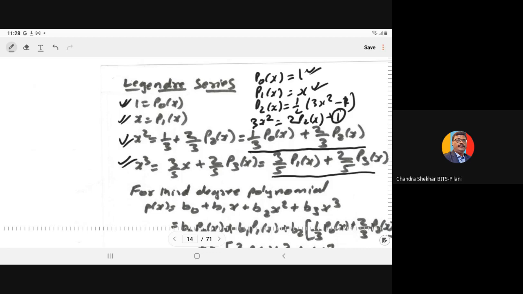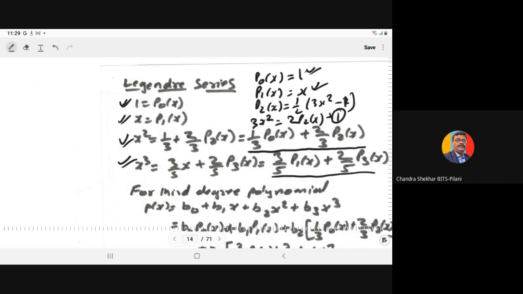When we have x to the power 1, we have P1. When we have x square, the highest Legendre polynomial is P2. When we have x cube, the highest is P3. So x to the power n can be represented as a linear combination of the Legendre polynomials up to order n.